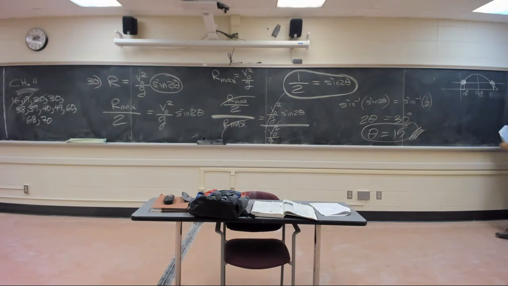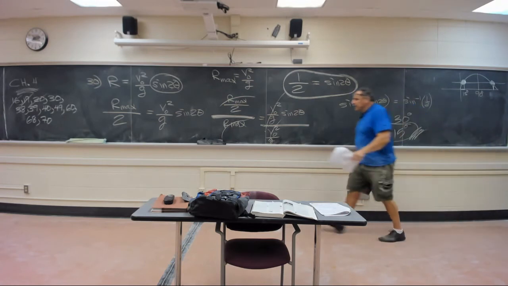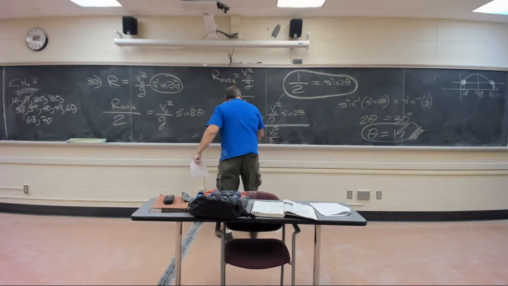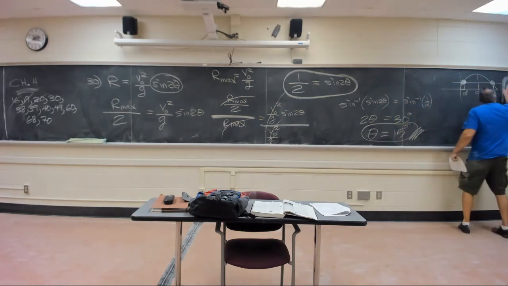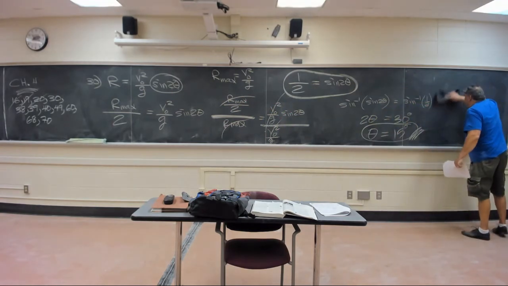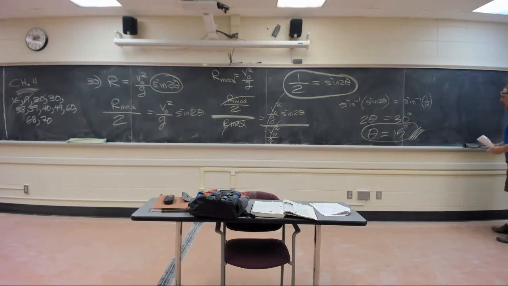Now I got it. Now we got to be careful. Let me stop for 1 second, guys. Trying to think about this. I have the right idea, but I'm going in the wrong direction. So, make a long story short, I wasn't doing it right. Let's try it again.